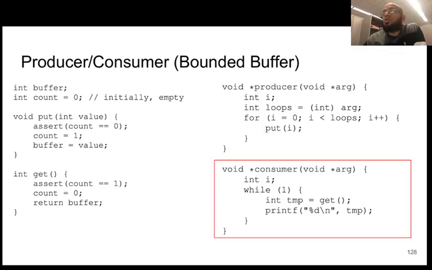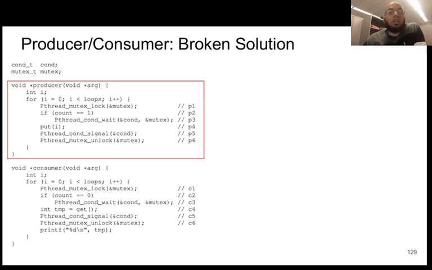So this is one solution that might work, that you might think of, by using locks and condition variables, where the producer, before trying to add something to the buffer, calls a lock.